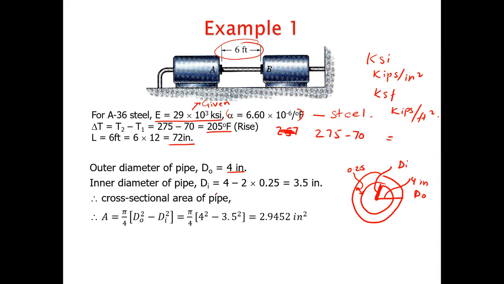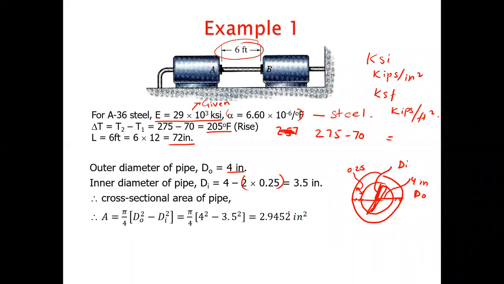The internal diameter will be 4 minus 2 times the wall thickness, so 4 minus 2 into 0.25, which is 3.5 inch. So the internal diameter will be 3.5 and the outer diameter will be 4 inch.